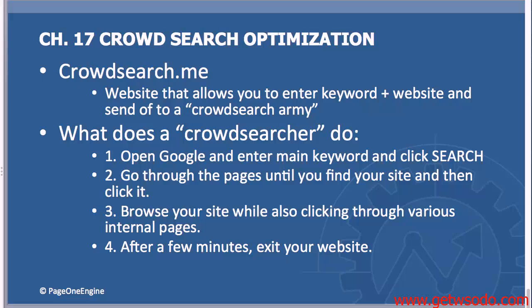Then they go through the search engine results page until they find your website and click into it. After that, they browse your site while also clicking through various internal pages. Then after a few minutes, they click out of your site and don't go back to the search engine. That shows Google that they completed their task.